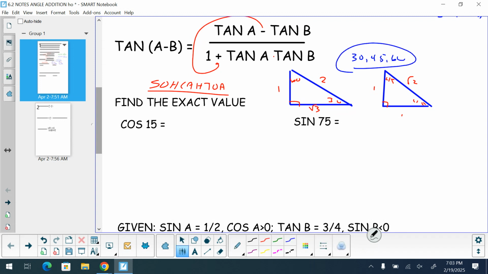Well, when I want to find the exact value for the cosine of 15, there's no 15-75 triangle that we can utilize. But you can utilize two of the three values that we have up there, 30, 45, or 60, and come up with 15 degrees by either adding or subtracting. So if we were going to either add or subtract two of these values, what can we add or subtract and come up with 15?